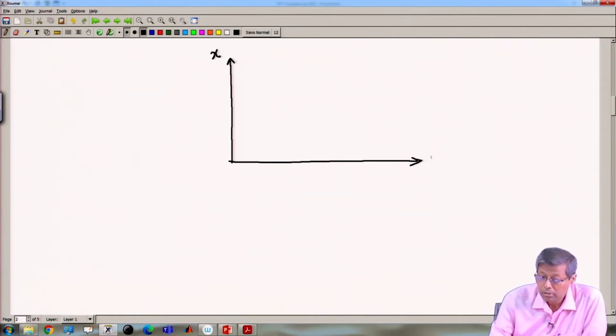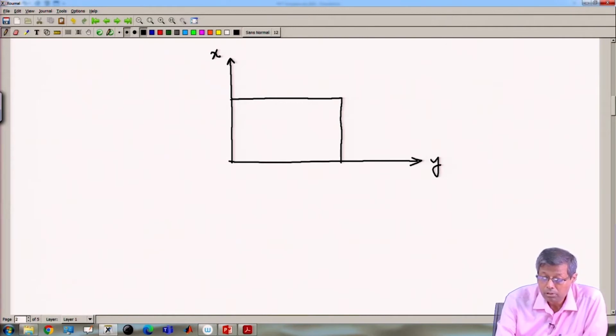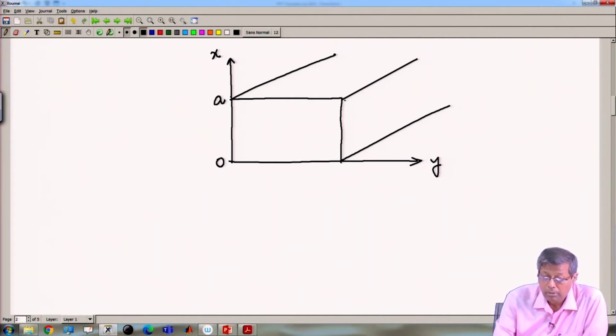So, this is the x axis, this is the y axis, this is my waveguide cross section. Along the x axis the dimensions 0 to A, along the y axis the dimension 0 to B.